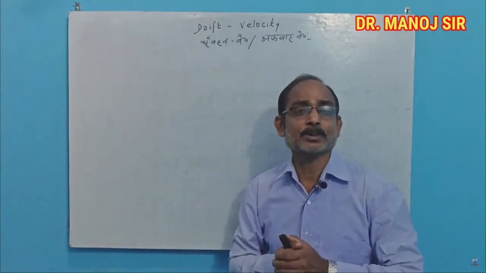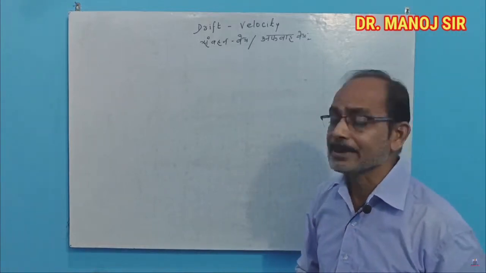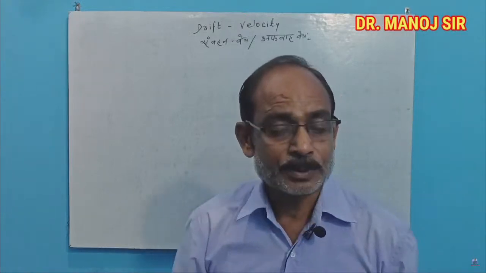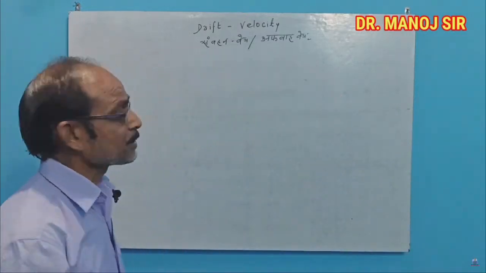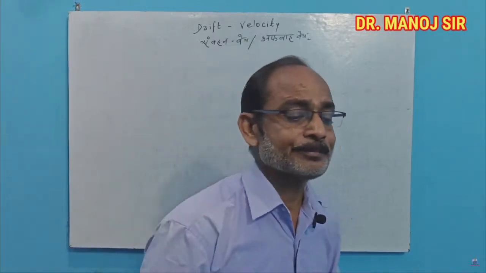That very constant velocity is called drift velocity and average drift velocity. Now the point is how to obtain drift velocity.